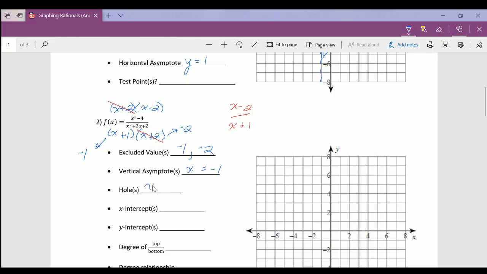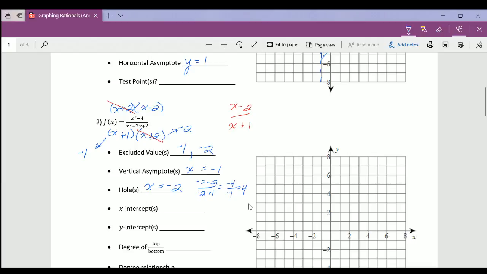So that's going to be x equals -2. If you want to go ahead and find out where that's going to be, you can. You're just going to take this that I put in red, -2 minus 2 over -2 plus 1. That ends up being -4 over -1, or just plain 4. So there is going to be a hole at -2, 4.